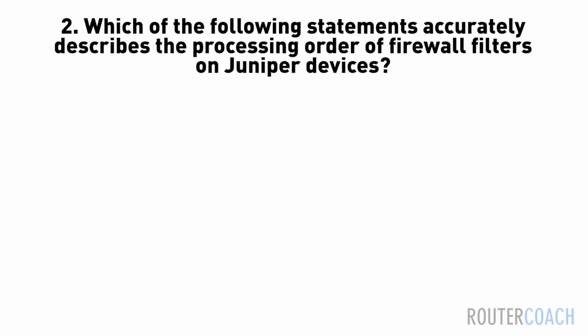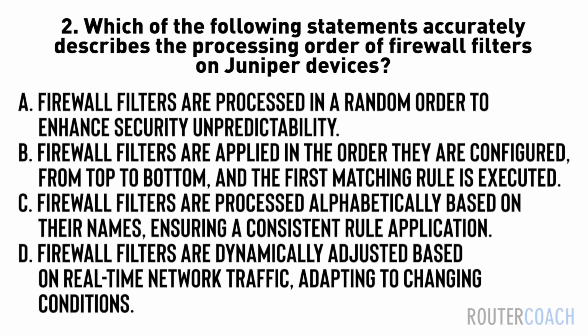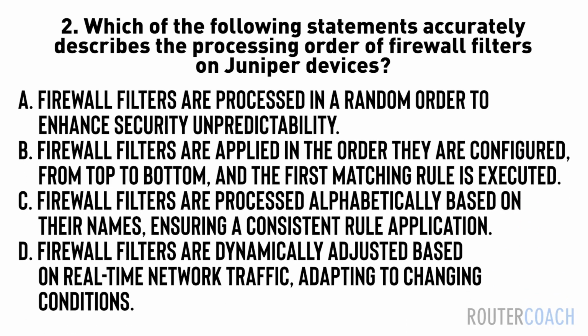Question 2. Which of the following statements accurately describes the processing order of firewall filters on Juniper devices? A. Firewall filters are processed in a random order to enhance security unpredictability. B. Firewall filters are applied in the order they are configured, from top to bottom, and the first matching rule is executed. C. Firewall filters are processed alphabetically based on their names, ensuring a consistent rule application.